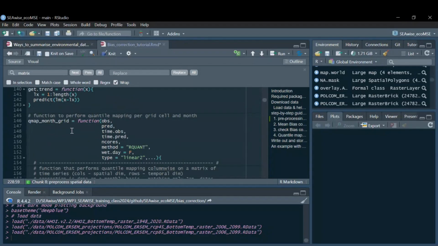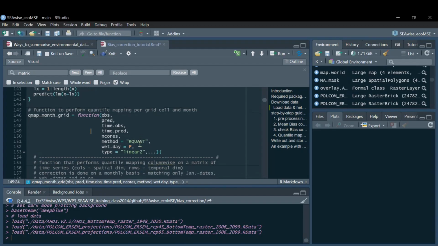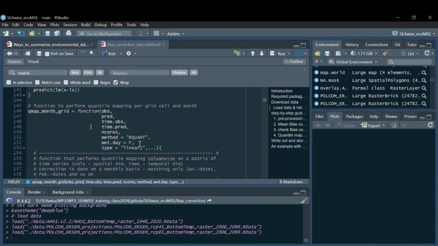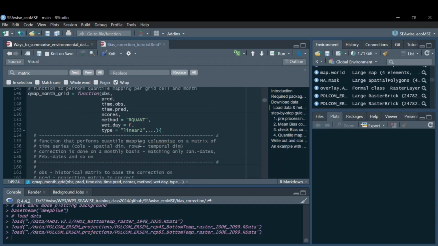And here also the function that does the heavy lifting for the quantile mapping, that takes in a matrix of your observations and your predictions. So observations are historical time series, and predictions are your projections in the different time periods, and then you specify the number of CPU cores to do this quantile mapping, and then this function does everything for you.